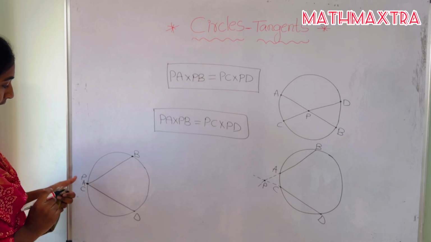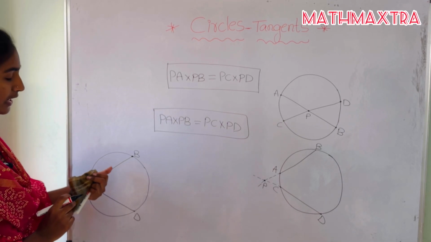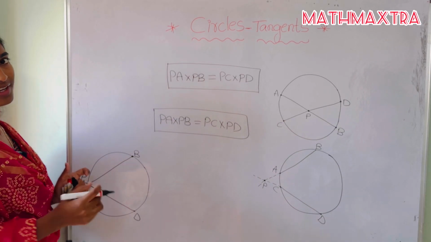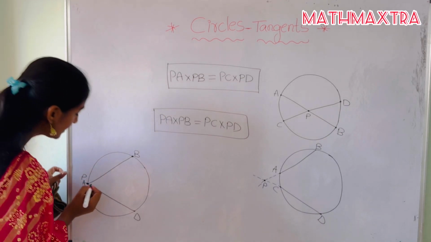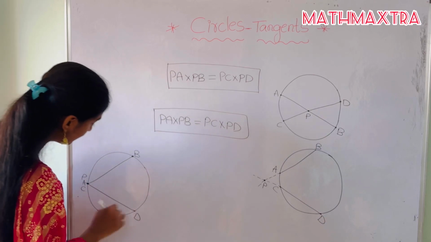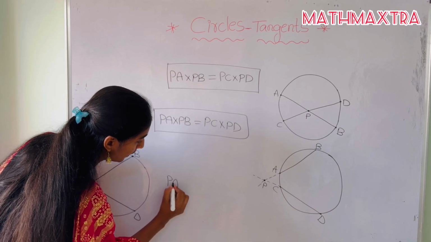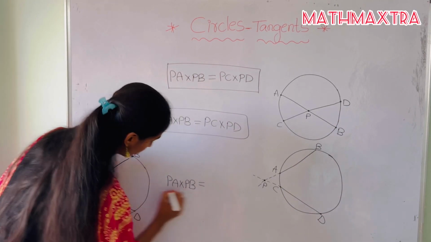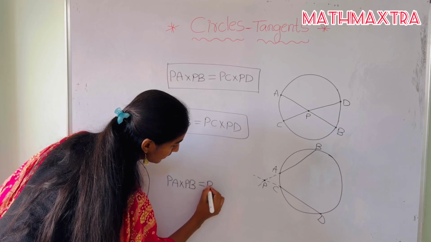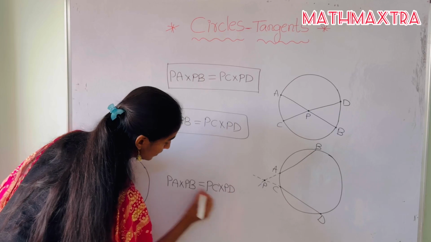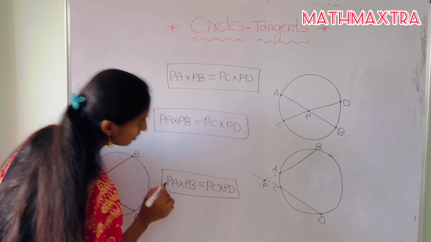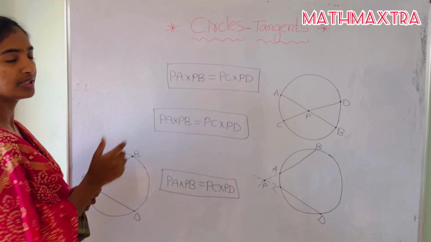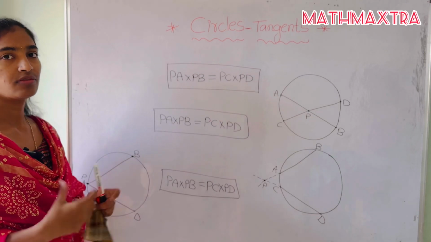You observe here the intersection point, one end point of chord AB and one end point of chord CD all coincide at one point, isn't it? So if you write this condition for this case, PA into PB is equal to PC into PD. So this condition always holds with two intersecting chords. You have to remember this, and it will help you while solving problems.